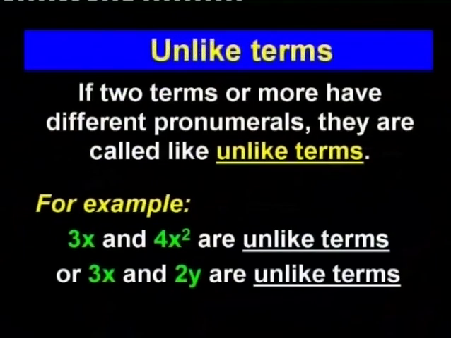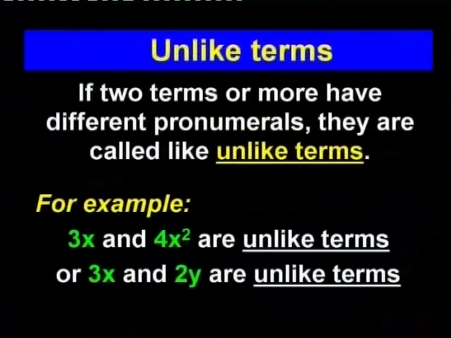What about unlike terms? Again, if they have different pronumerals, they are called unlike terms. You look at this, 3x and 4x squared. What is the difference in here? This 3x doesn't have a square. Therefore, these 2 terms are unlike. This one, what is wrong with these 2 terms?